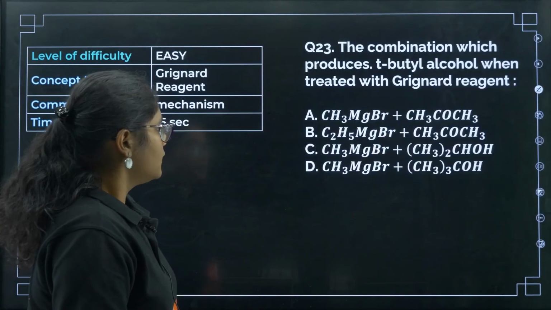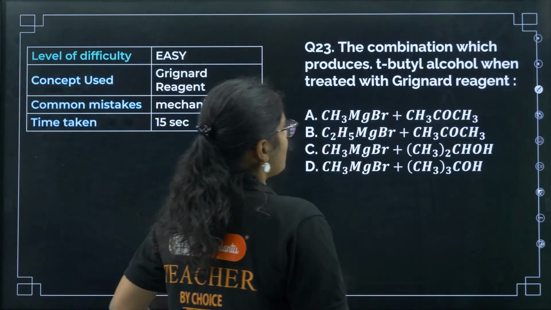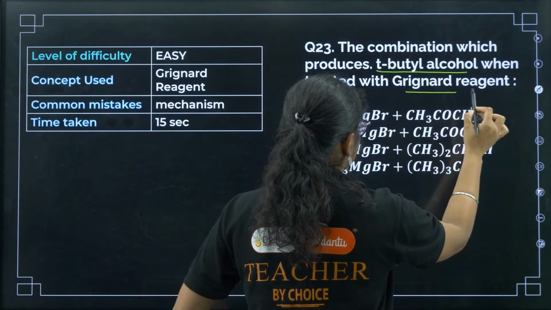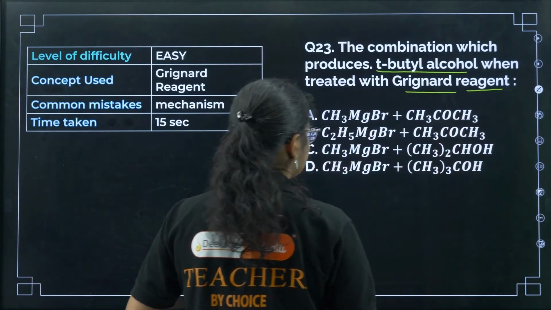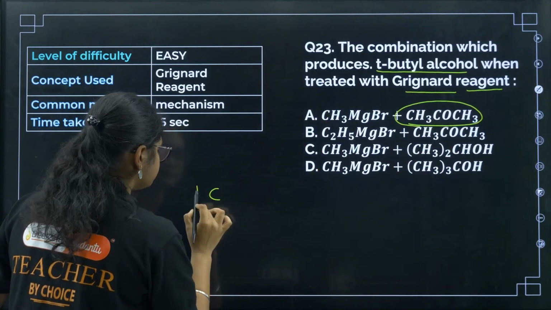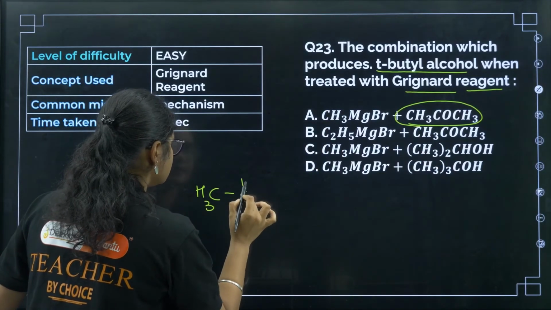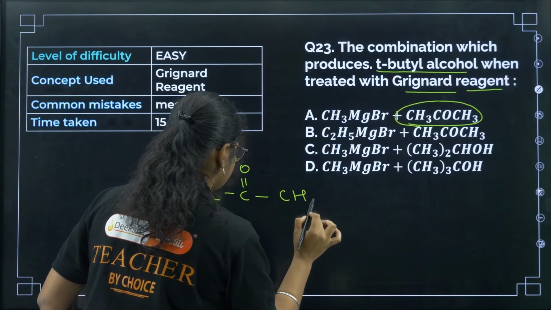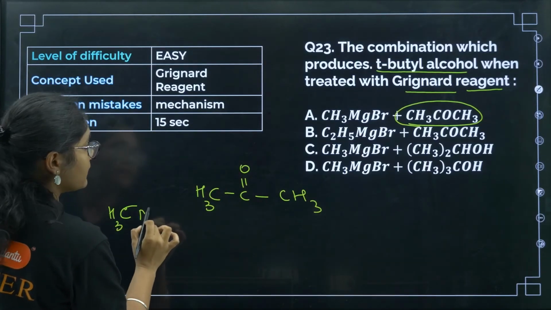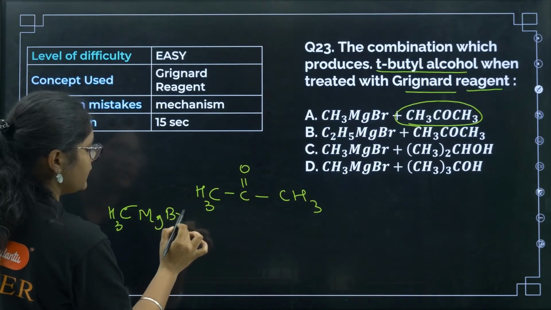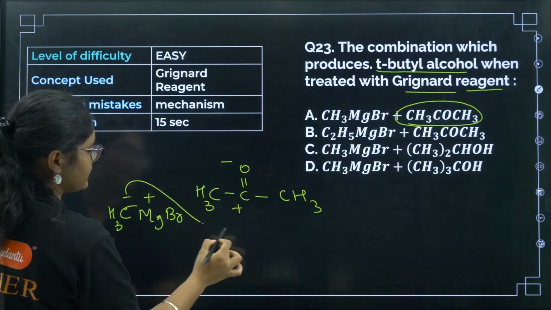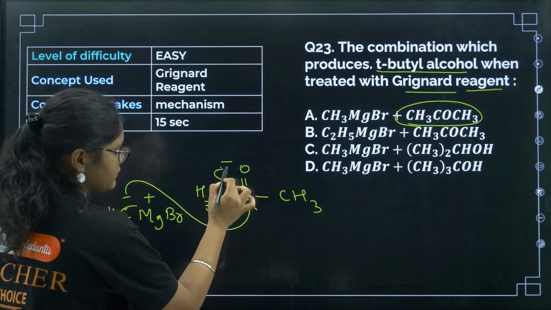Next, the combination of which produces a tert-butyl alcohol when treated with Grignard reagent. If you see the first option, here what will happen? CH3COCH3, and we have Grignard reagent CH3MgBr, right? This is minus, this is plus, this one will attack here and this bond will shift here.